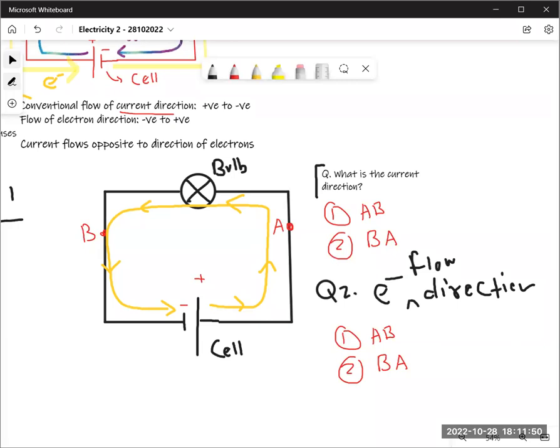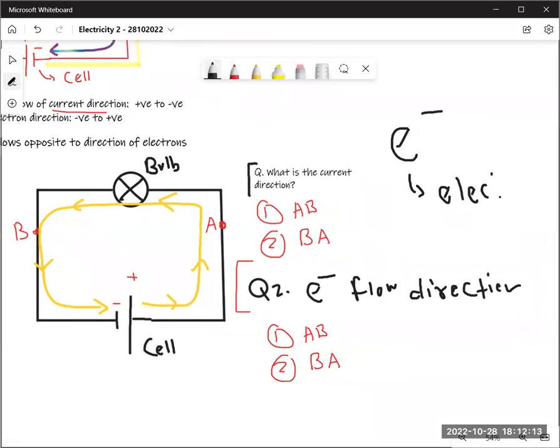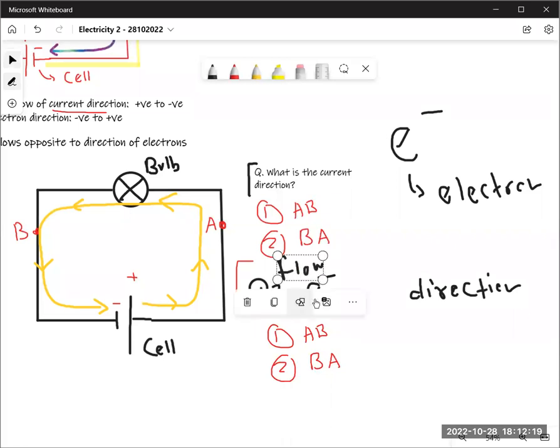Now, Rana, I want you to work with me on this one. Read the question. Electron flow direction. We said E minus, but we don't say E minus, we say electron. So the question is the flow of electron direction. How is the electron flowing?